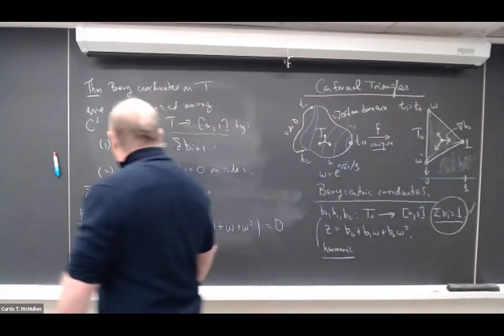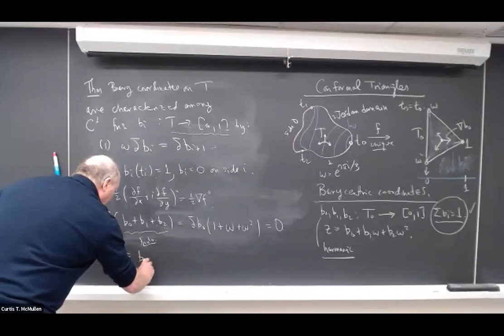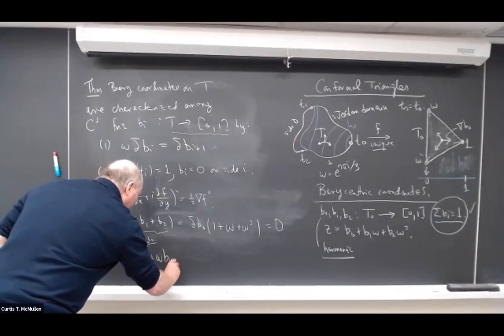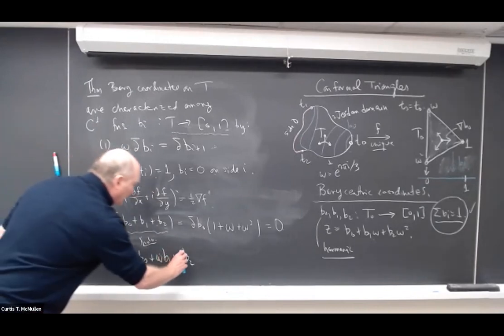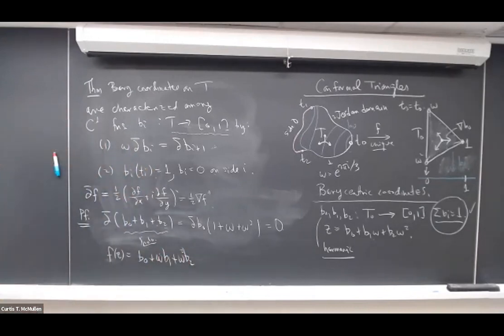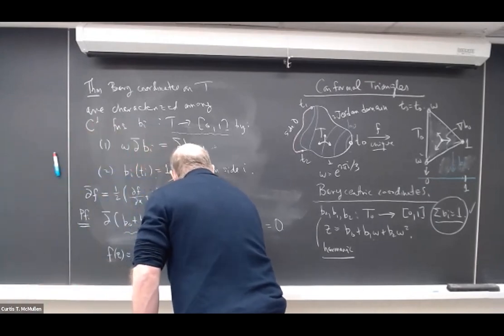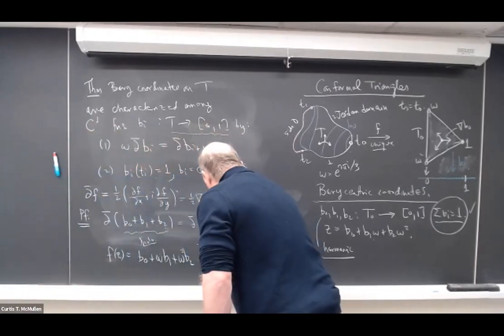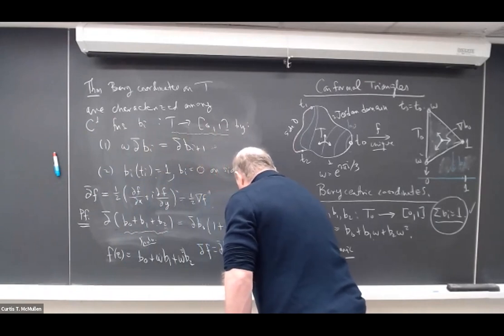Hey, let's try that again. So let's try f of z equals b0 plus omega b1 plus omega squared b2. If we take d bar of this function, by the same kind of calculation, we get d bar of b0 times 1 plus omega squared plus omega.